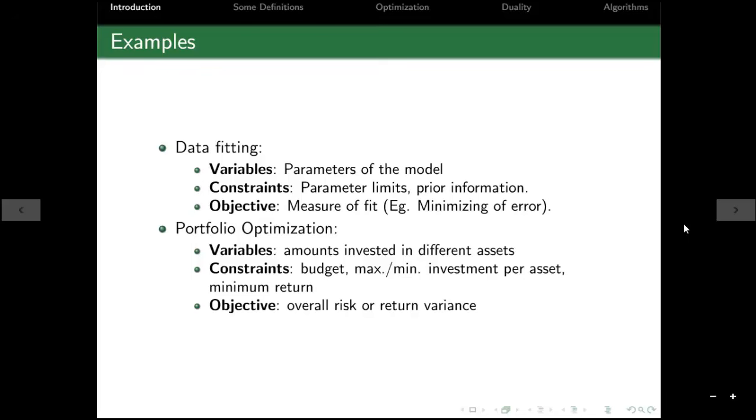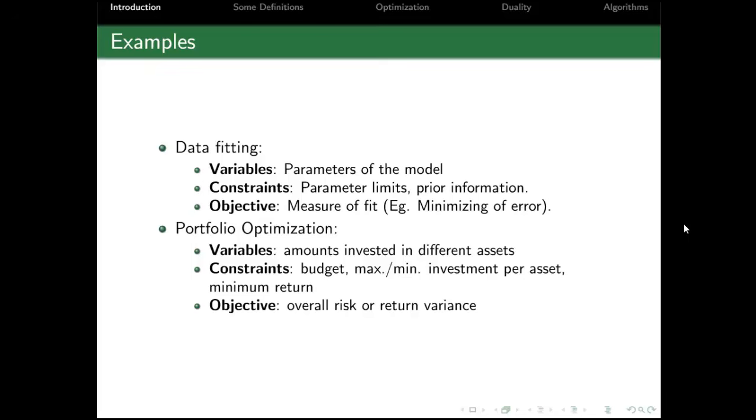Now let us look at some examples where optimization is used. First, data fitting. Data fitting is a very common problem in the field of machine learning. What I mean by data fitting? Data fitting is fitting of a parametric model given some data. One such example would be linear regression.